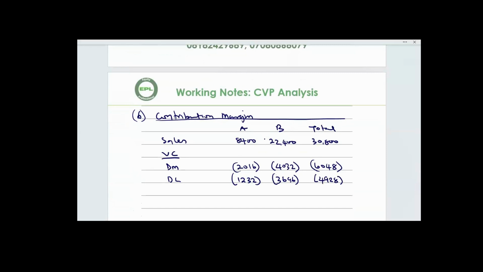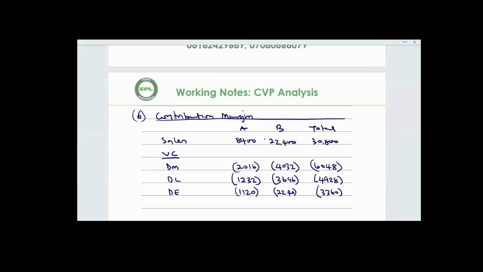Then we also have direct expenses, which originally is 1120. No change in that one. Then for B, 2240. When you add it up, that will give us 3360.